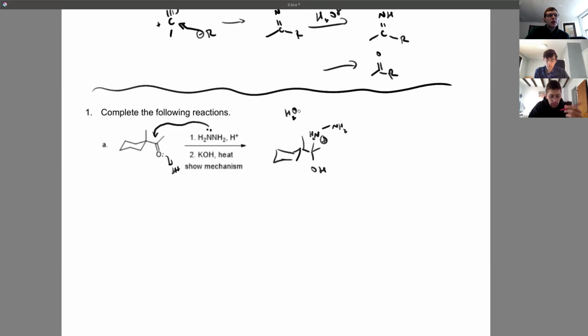Exactly. We're doing this in water, so we can always safely assume we have water most of the time. So there we go. Okay, we're halfway to the imine.